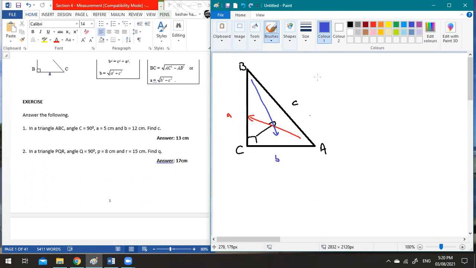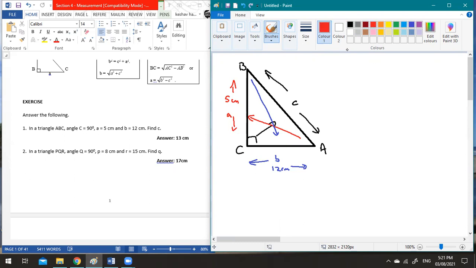That's how we know what sides they're talking about. So a is equal to 5, so 5 centimeters goes here. B is equal to 12 over here. And what they're asking us to find is C.